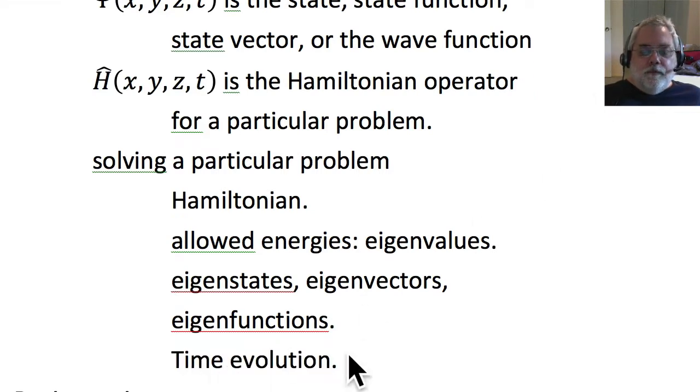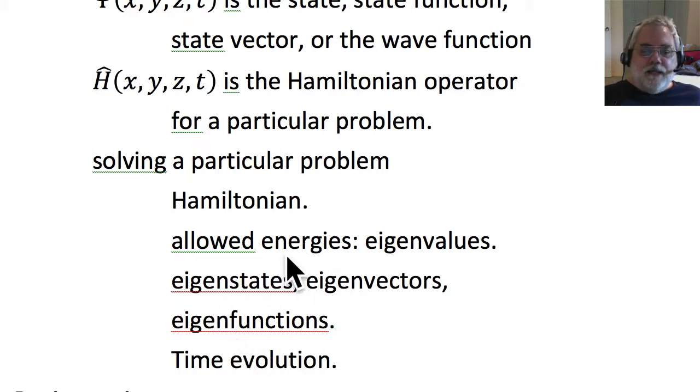So this is a time evolution. For a particular problem, we determine the Hamiltonian. That's easy enough, generally. More difficult is finding the allowed energies. That can be difficult mathematically, or we may have to use a computer to do it.